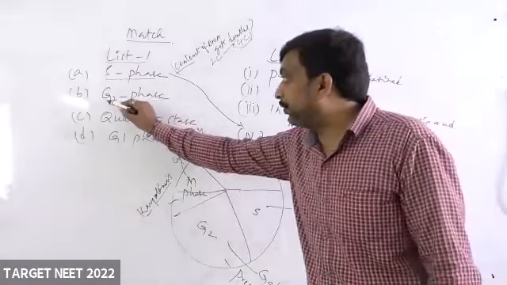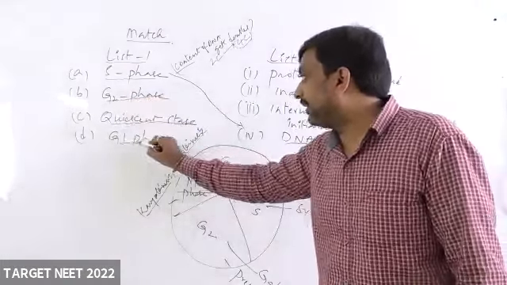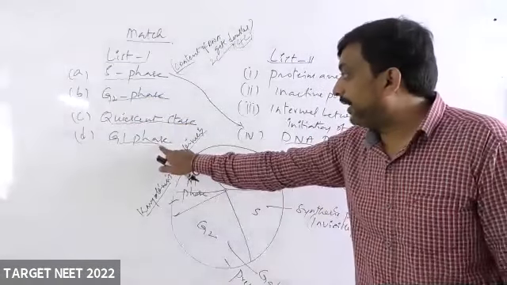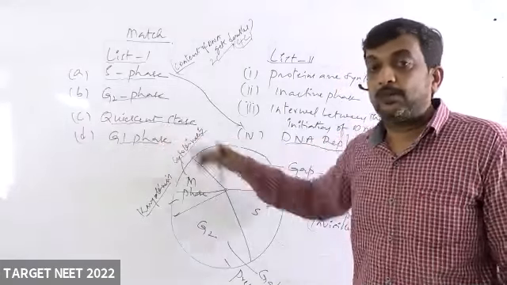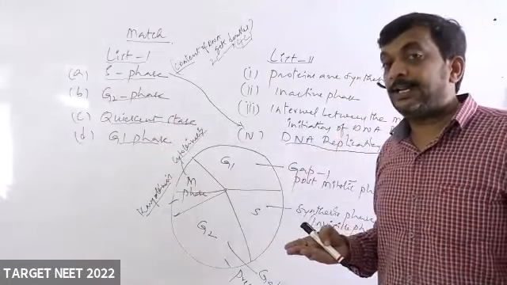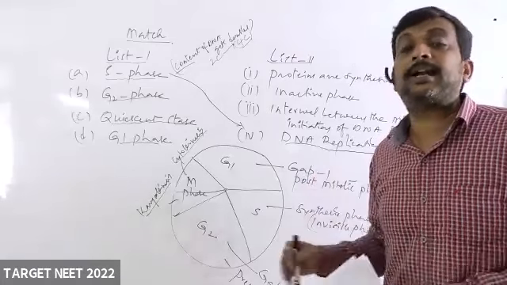Now, G2 phase, the next is the quiescent stage, and the next one is G1 phase. We know very well that a quiescent stage is metabolically active, but with respect to cell division, it is inactive.